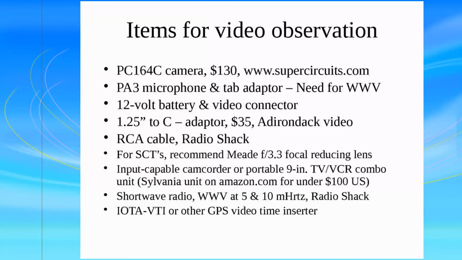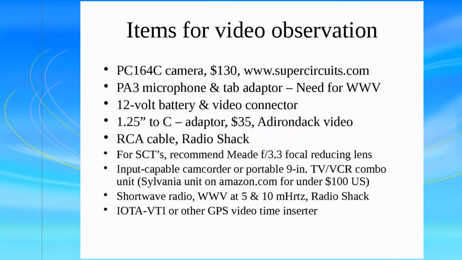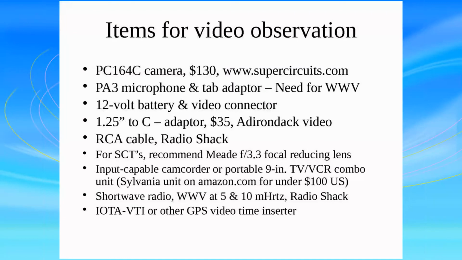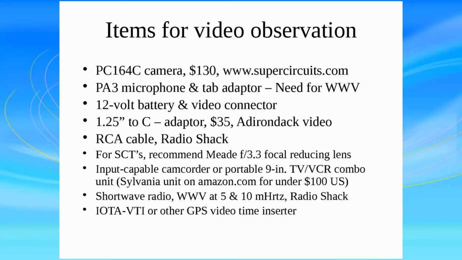Instead, what we like now are the Canon camcorders, which record directly to a digital format on a tape. Unfortunately, all of the digital recorders these days use compression, and you lose sensitivity, so they're just not very suitable for our purposes.